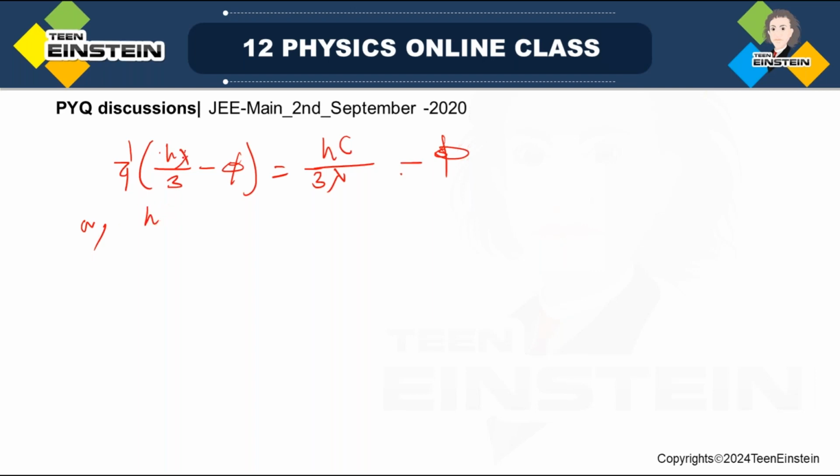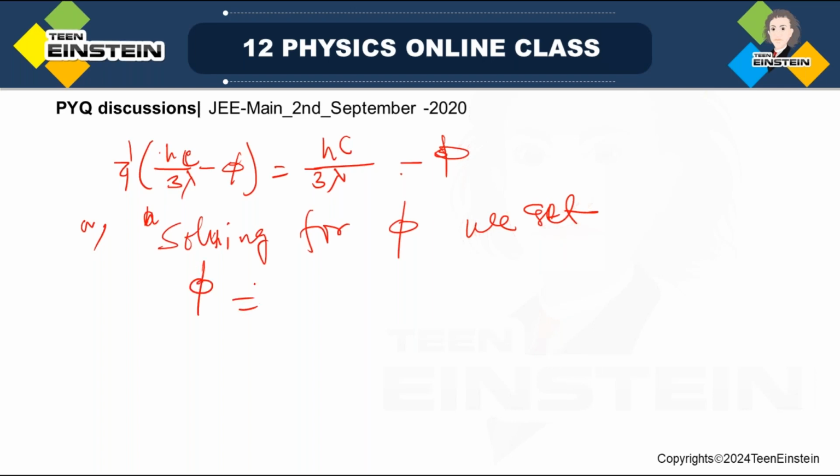Solving for phi, phi is equal to hc by 9 lambda.